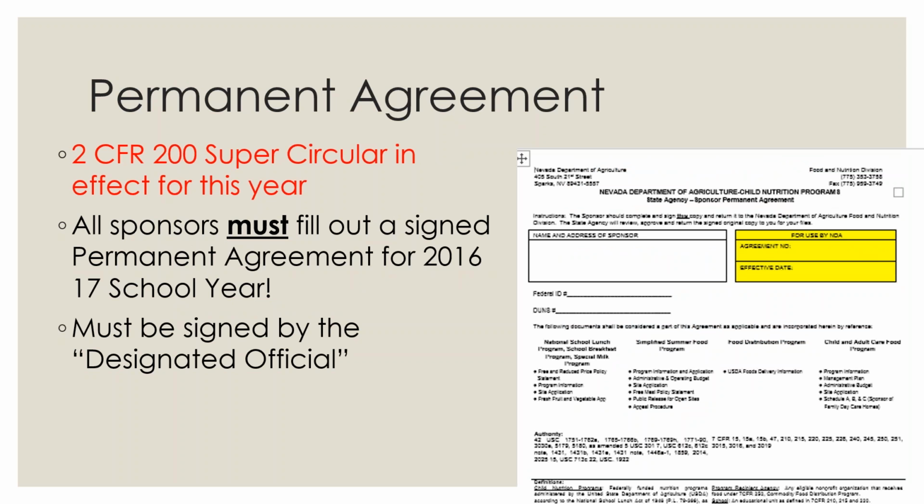So what that means for you is that we will need an updated permanent agreement for everybody because we just have some coding language changes, and USDA has condensed and revised some of the regulations, and that will keep everybody in line with the regulations under the Super Circular.